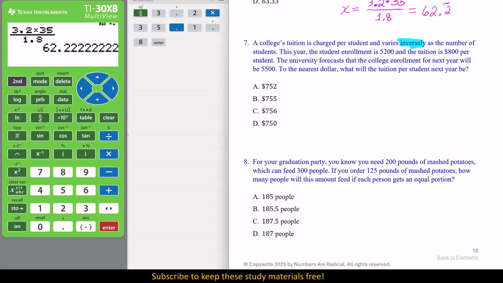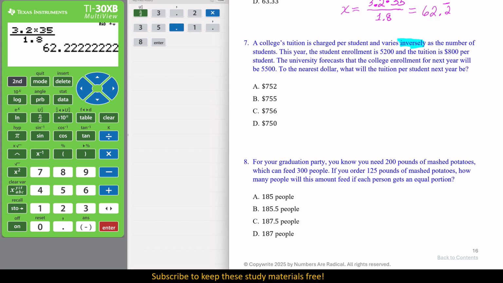This year, the student enrollment is 5,200 and the tuition is $800 per student. The university forecasts that the college enrollment for next year will be 5,500. To the nearest dollar, what will the tuition per student next year be?